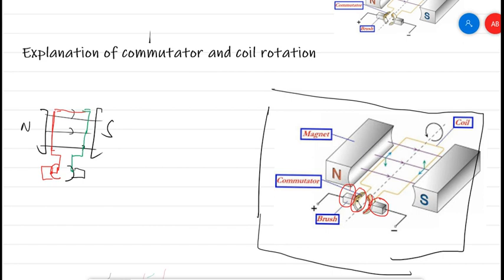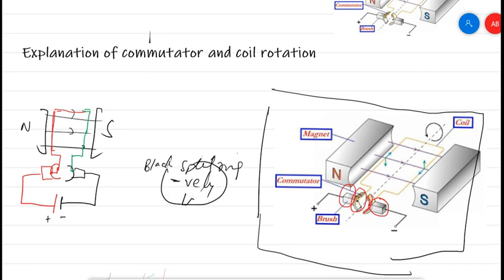Okay, now it is going to connect with the battery. Here suppose positive, and on the other side this is going to connect with a negative. Negative, positive. It means now we can say that the black split ring or commutator is negative.